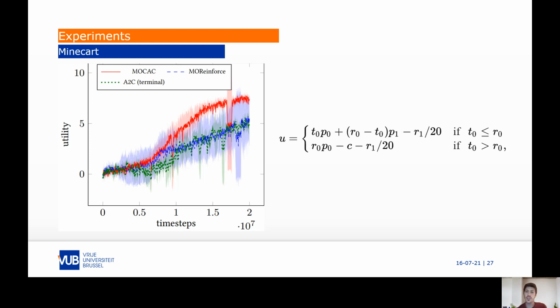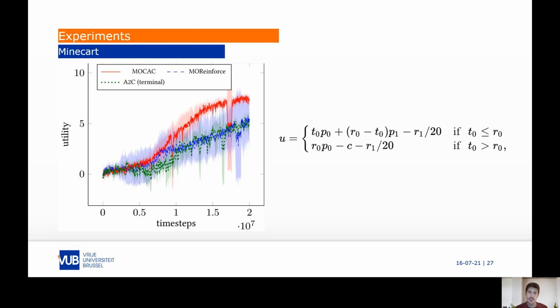It does not need to wait at the end of the episode in order to make an update, as REINFORCE needs to do, and it does not have to cope with sparse reward signals, which is what the green line, the single objective variant, has to do, which explains why it learns faster.